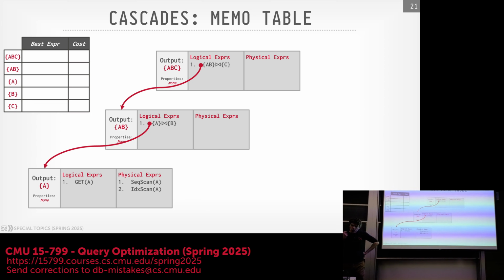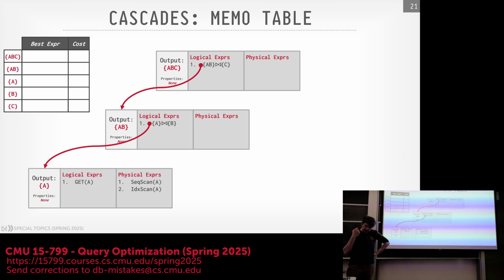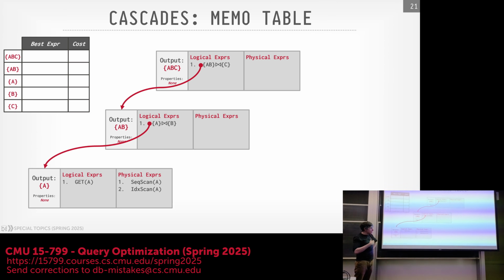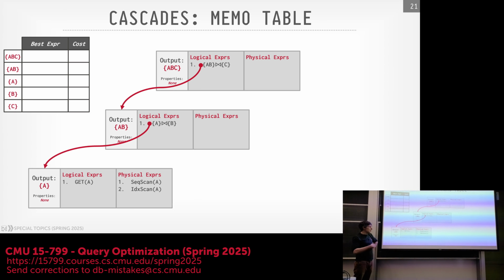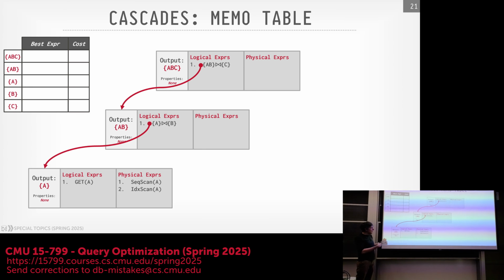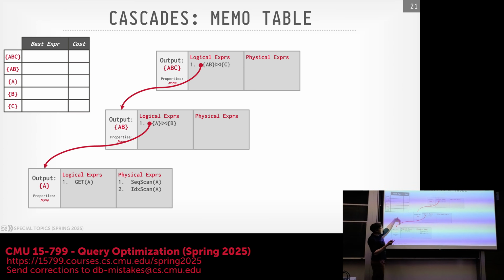And again, when you apply the rules, they may produce other expressions. They may produce other groups, and then there's linking occurring.